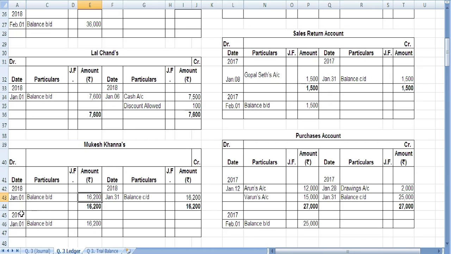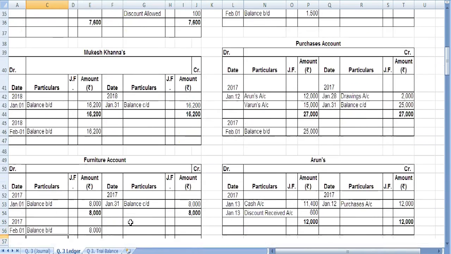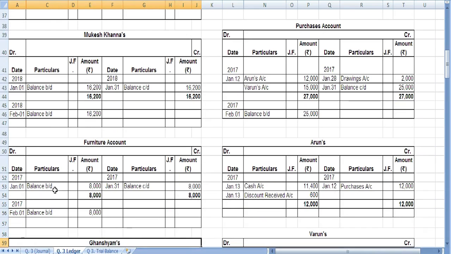And next month, on February 1, we have the balance BD of 16,200. Okay, then next is furniture. This is also an asset, so we have the opening balance of 8,000.